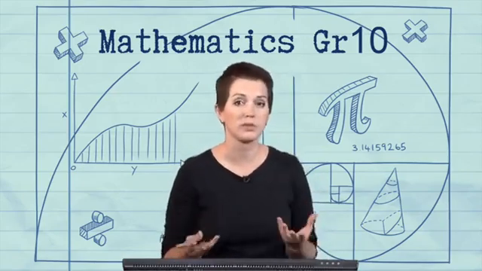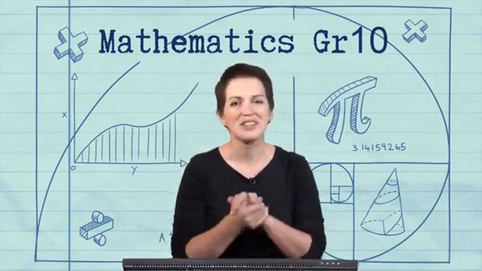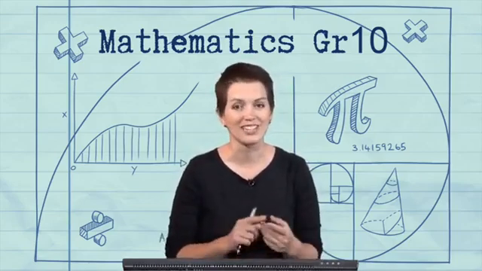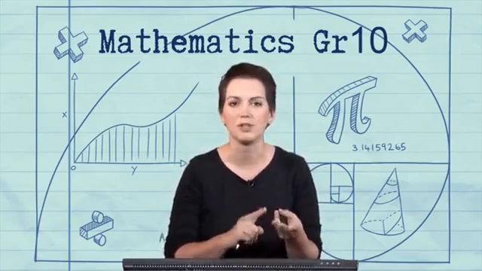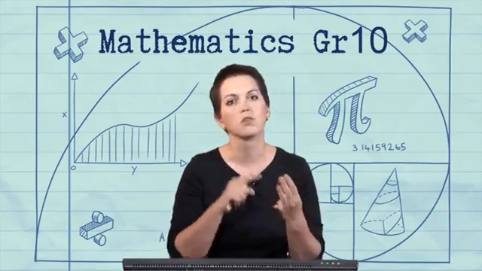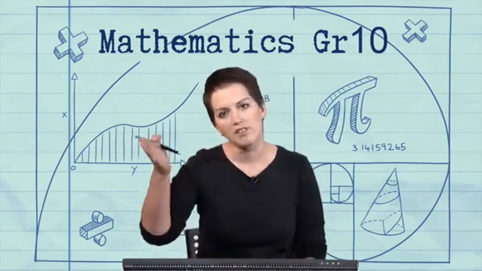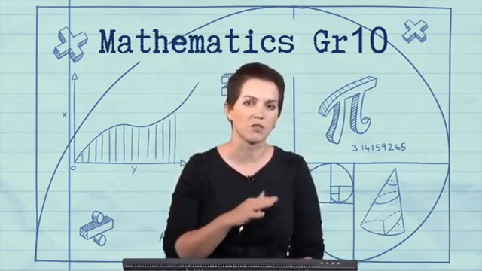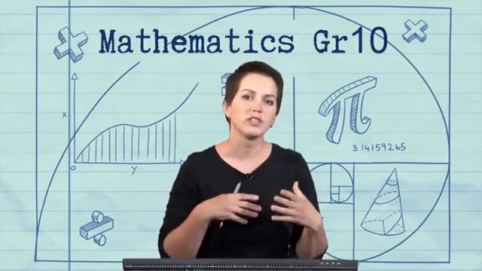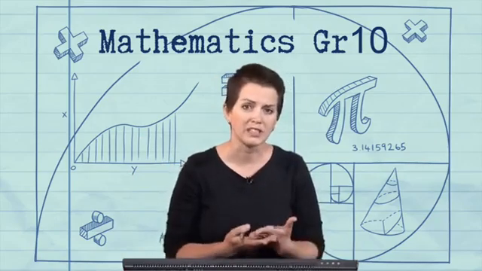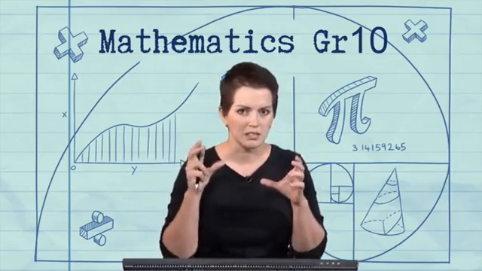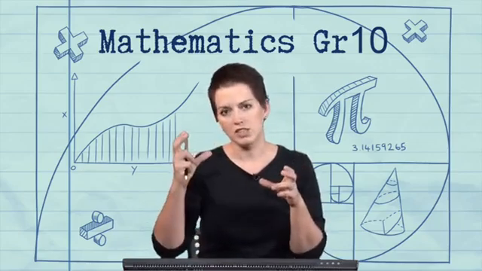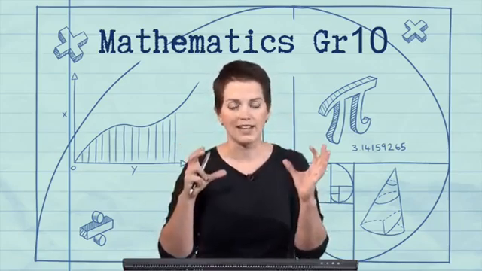So in your algebraic functions like your straight line and your parabola and hyperbola and exponential graph, when we substituted one value in for x, we could only get one possible value out for y. Now with trigonometric functions, we're talking about the relationship between the ratio and the size of the angle.